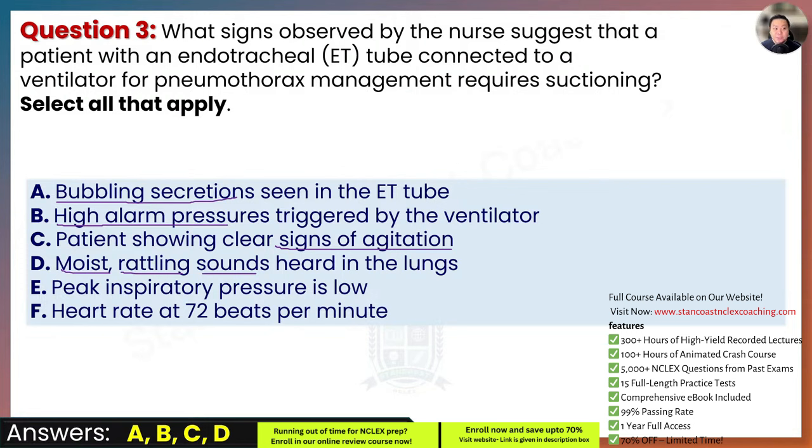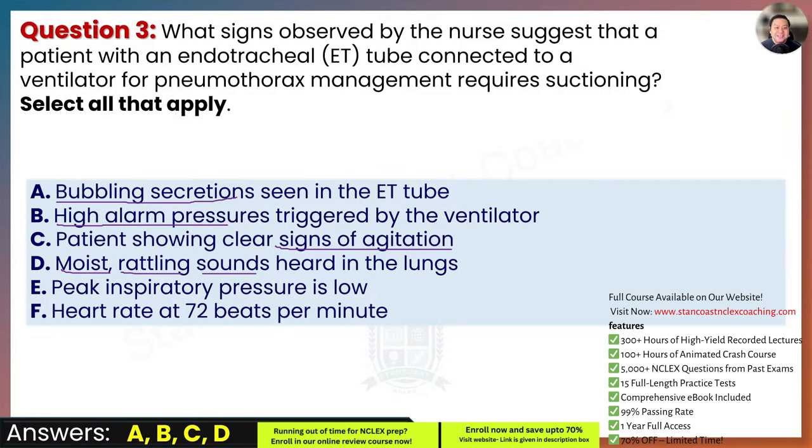So for you to answer the entire options for this SATA question, you have to focus on the signs of secretion buildup. These are things that indicate obstruction, impaired ventilation or distress. Now, if an option doesn't directly relate to airway blockage, then immediately eliminate it. Another way of approaching this type of question is to group the choices.